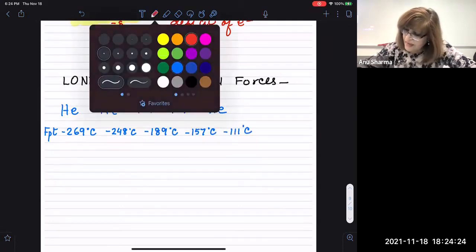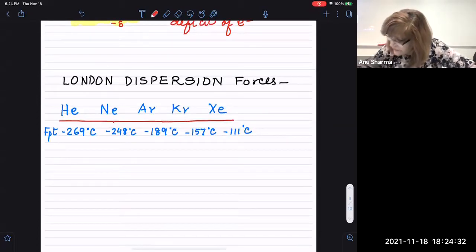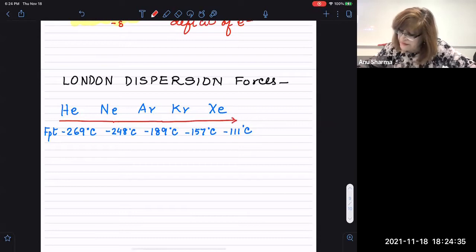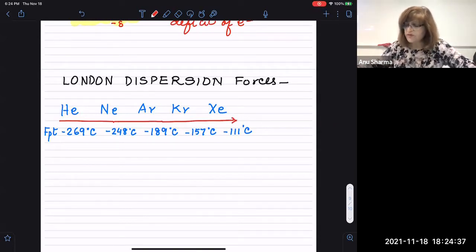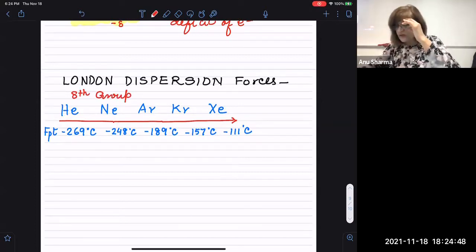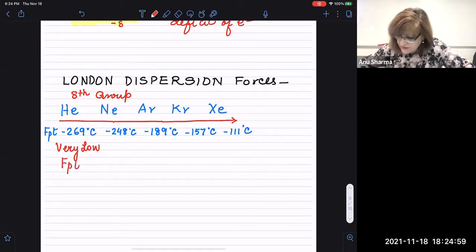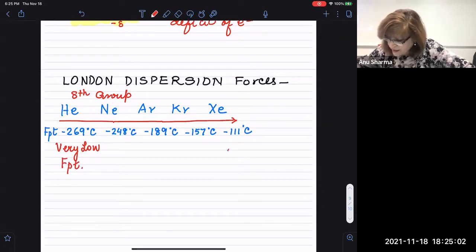So you see that as you go down the group, the freezing point is increasing. This is the 8th group, and you are going down: helium, neon, argon, krypton, xenon. Helium has a very low freezing point, but here the freezing point is comparatively higher.